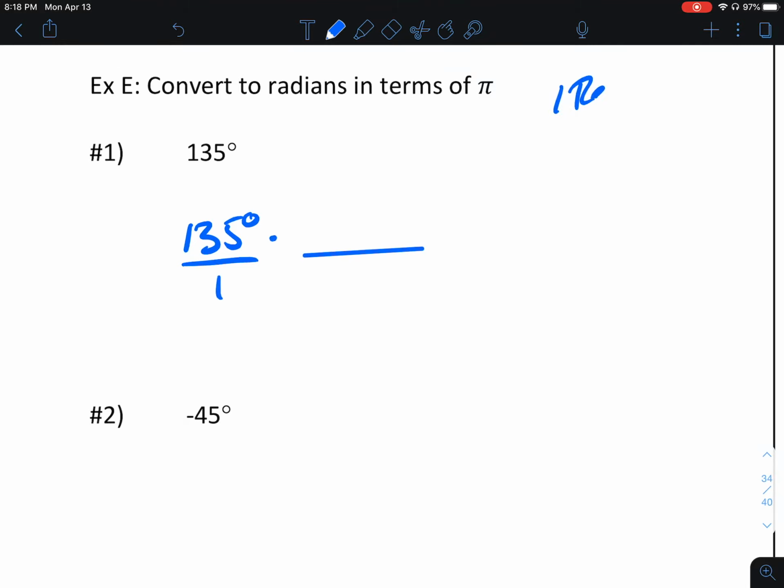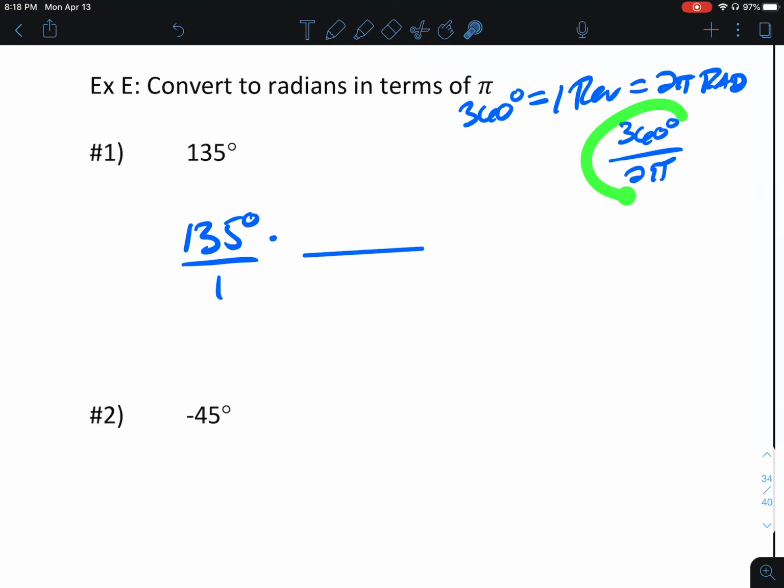Remember, 1 revolution is equivalent to 2 pi radians. Remember that 360 degrees is equal to 1 revolution. That means 360 degrees is the same as 2 pi. As a fraction, if I write 360 degrees over 2 pi radians, this fraction is 1 because the top and the bottom are equal to each other. If you divide something by itself, you get 1.